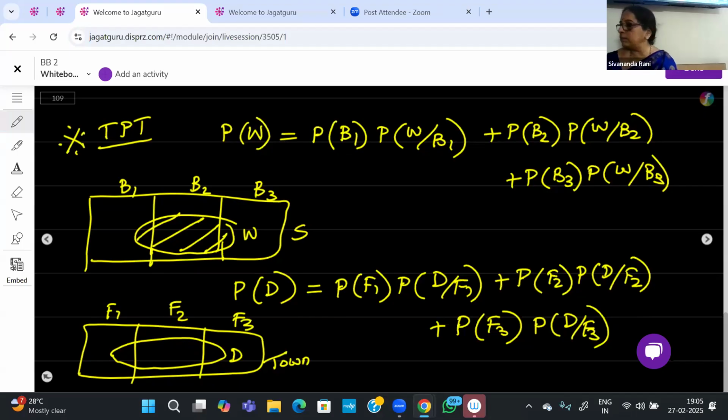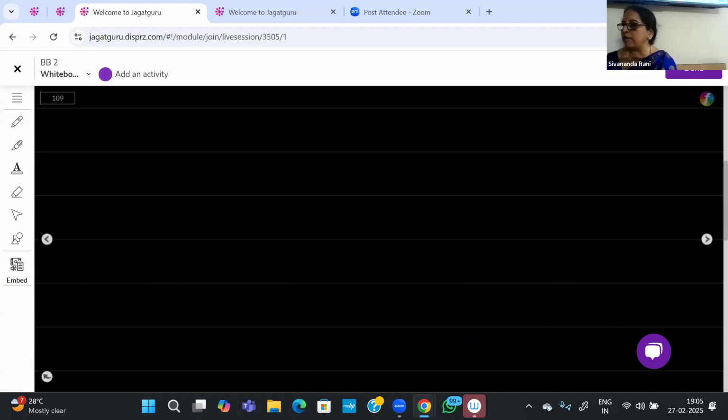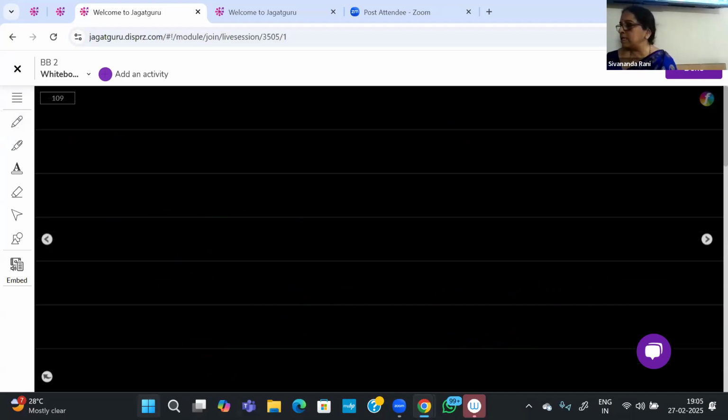But Bayes theorem extensively makes use of the total probability theorem, and it addresses the conditional probability of seemingly impossible things. For example, say I go to a shop and I find a defective item. Later on, I'm wondering, what is the probability that it might have come from F2?